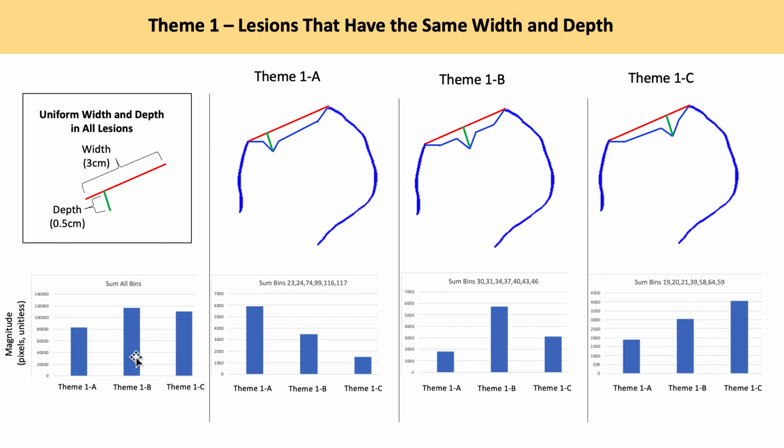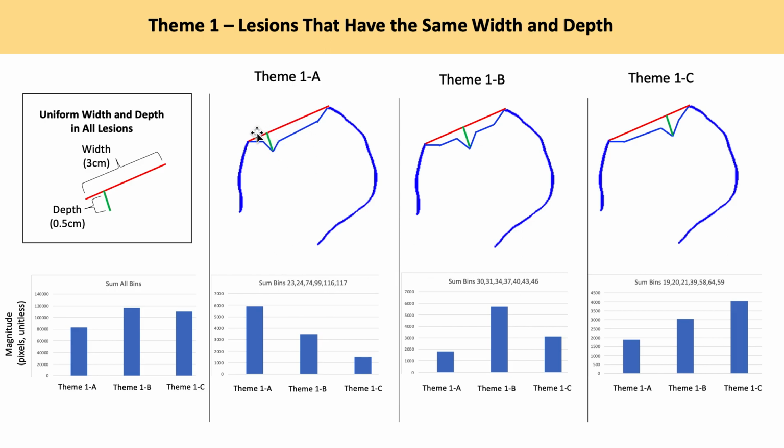On the left here, this graph is what you get if you sum all the bins in each frequency plot. You can see that there's a robust difference between themes 1 and 2, but 2 and 3 are not well separated. But if you look at the individual frequency bins, you will find that particular bins capture the location of the deepest trough.